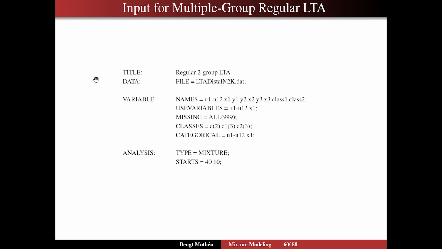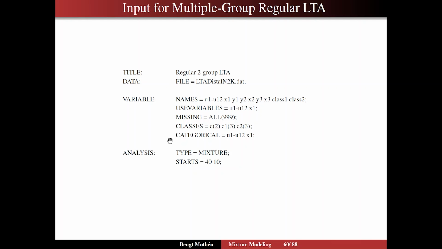On slide 60 then, we first take a look at multiple group analysis for regular LTA, so not multi-step yet. So we have these class variables C with 2 classes corresponding to x1, as we will see shortly, and C1 and C2, both with 3 classes.